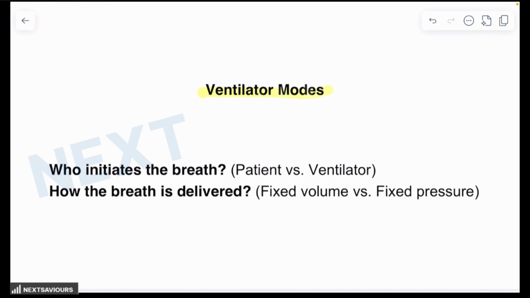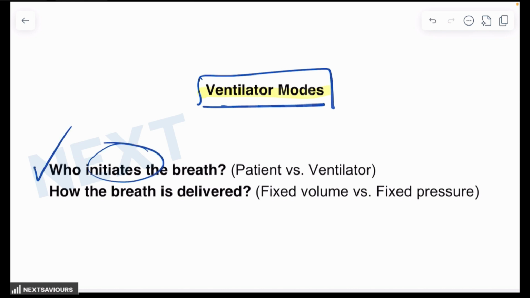For these modes in the ventilator, there are two major criteria which will decide which mode to put on a particular patient. First criterion is who is initiating the breath. If the patient is putting in absolutely no effort, what mode has to be selected?